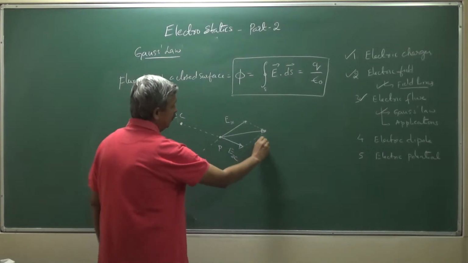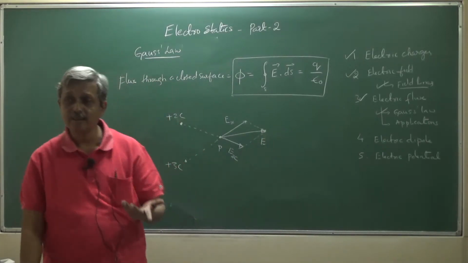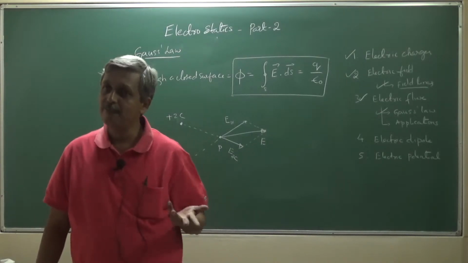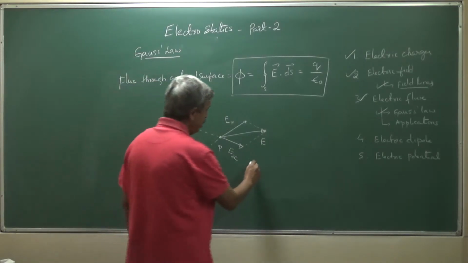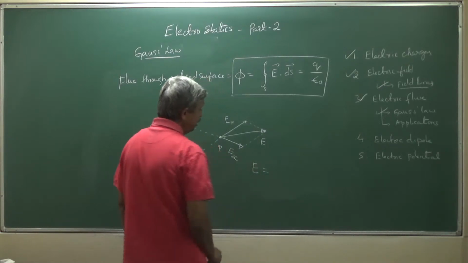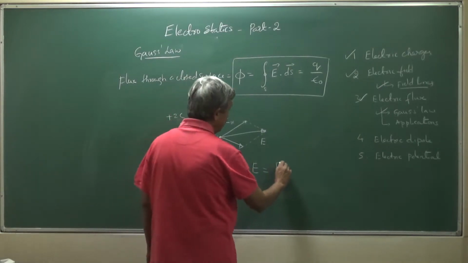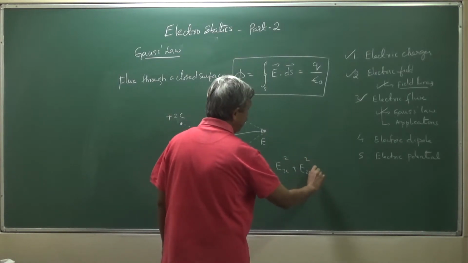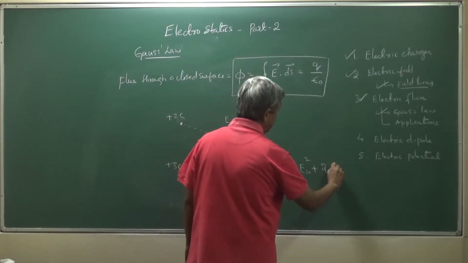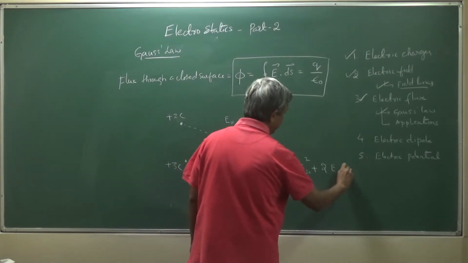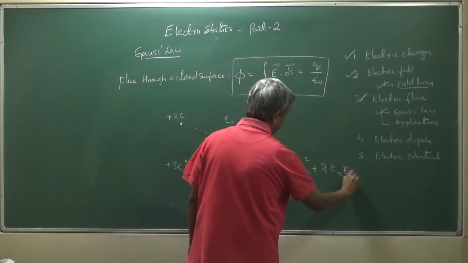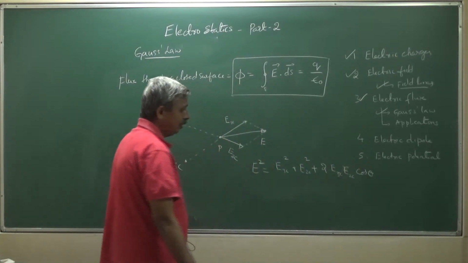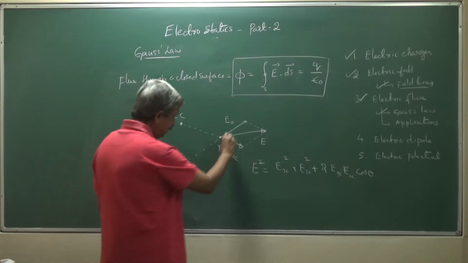And how to calculate the vector sum? There is a formula for it. E squared is equal to E3C squared plus E2C squared plus 2 E3C times E2C times cos theta, where theta is this angle.